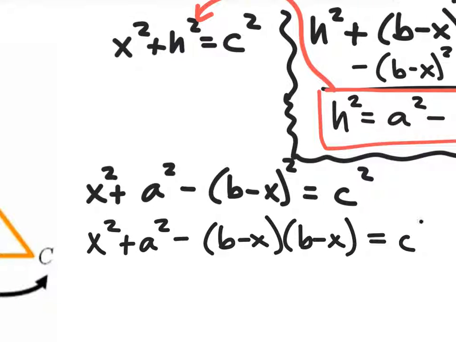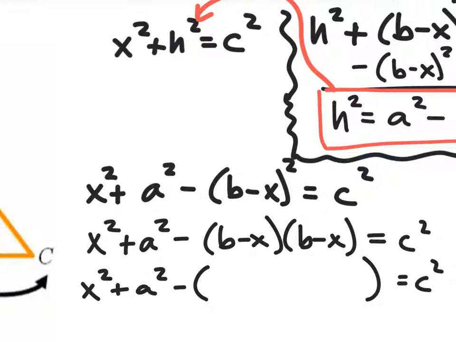Because I'm subtracting this entire quantity, whatever I multiply out, I'm going to leave inside parentheses so I can distribute my negative later. So let's multiply it out. B times b is b squared.